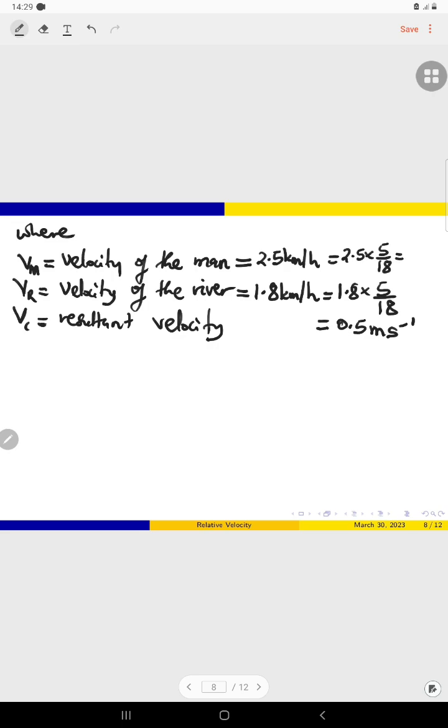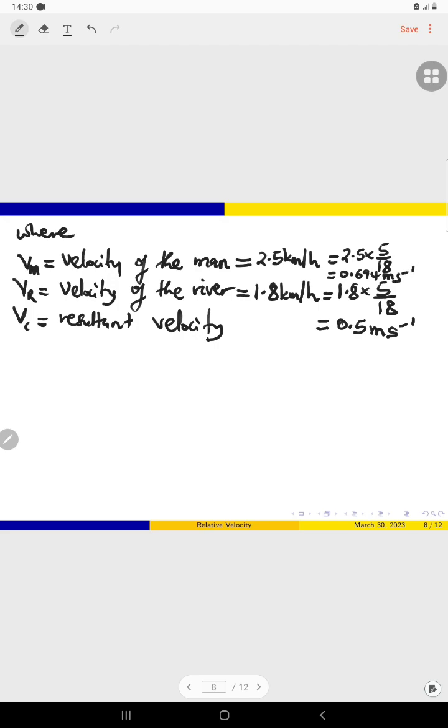And this gives us, according to your calculator, 0.694. Okay, so 0.694 meters per second. All right.